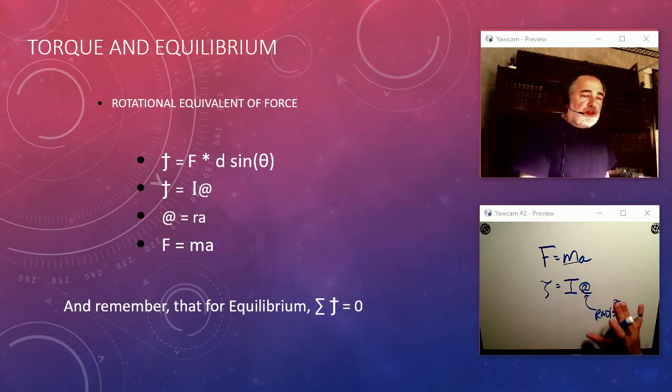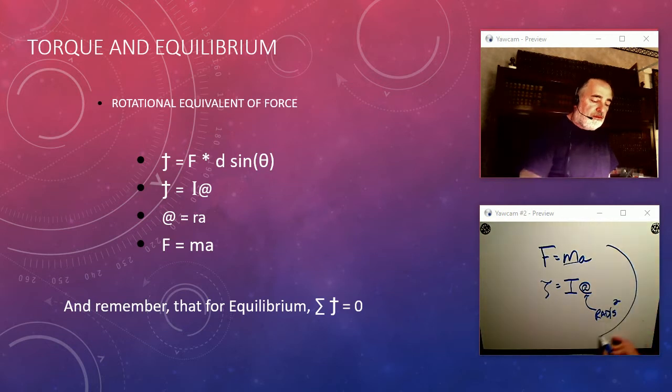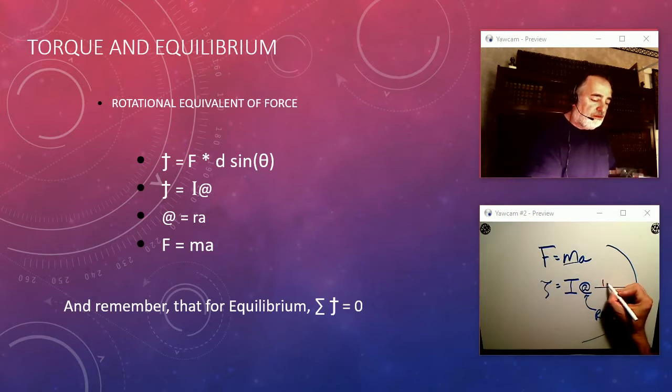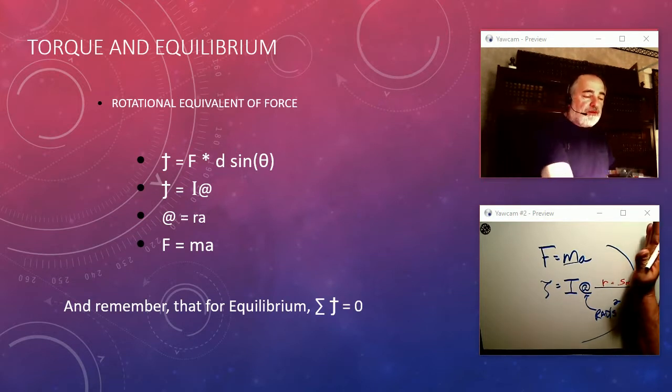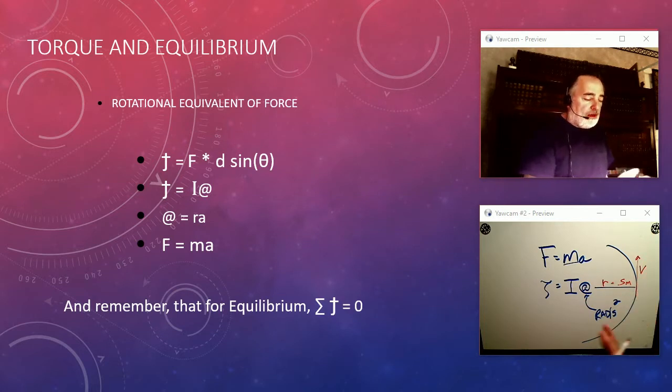So if we're doing problems that are rotational, and I have my radius, whatever it might be, let's say it's 0.5 meters, I may have a velocity that's caused by a force, and this is in meters per second.